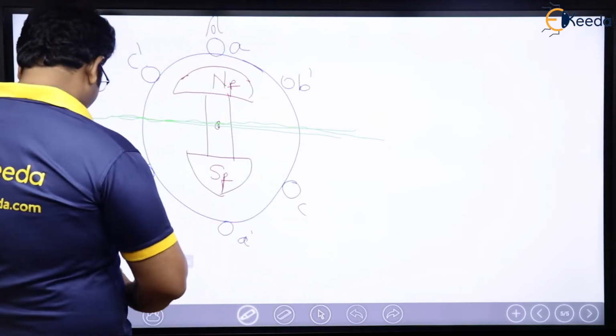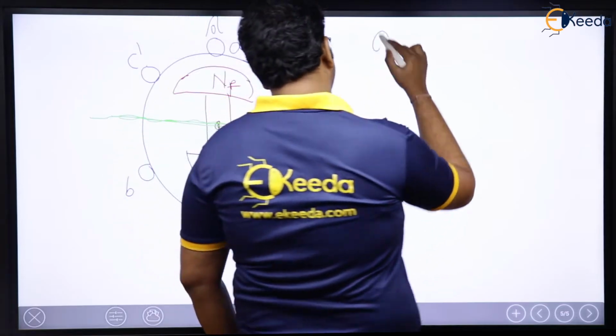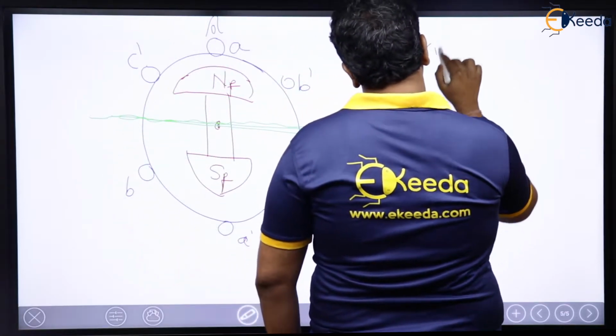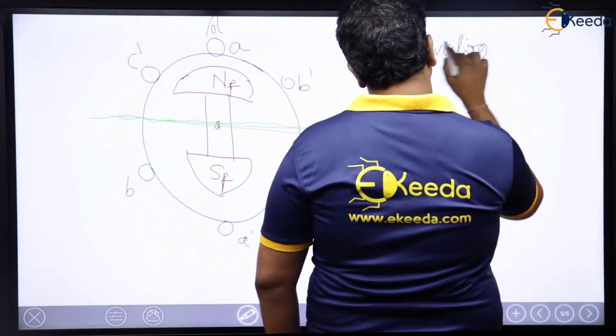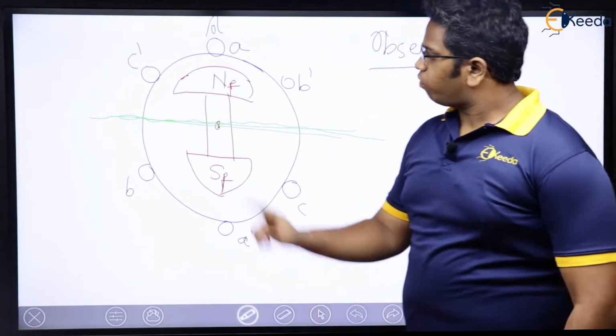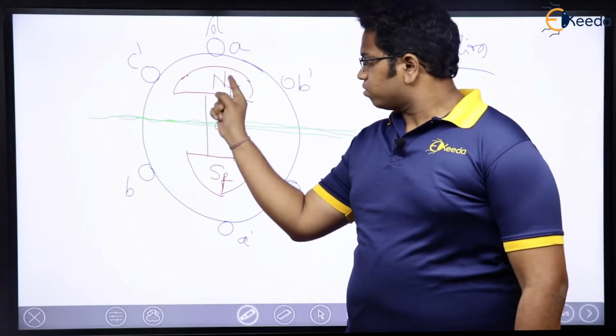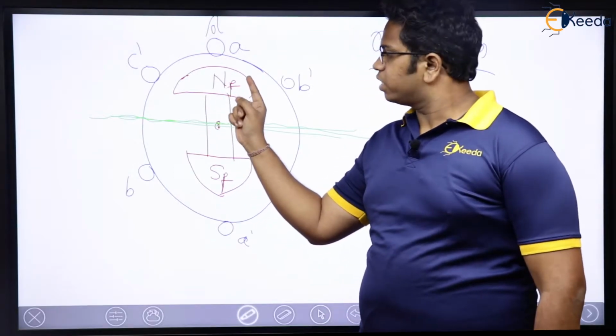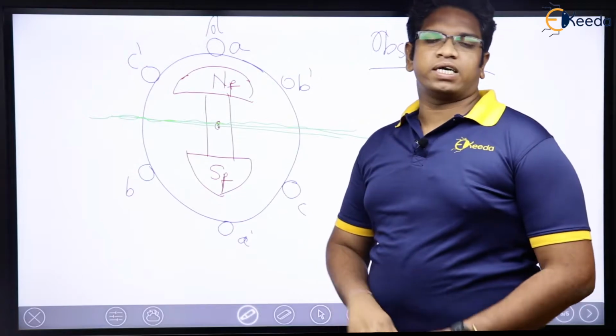But right now, what is the observation that you make out? For this particular pole NF, we have all the three phase conductors.